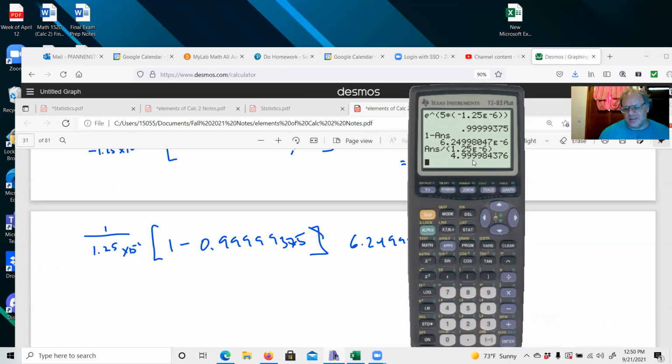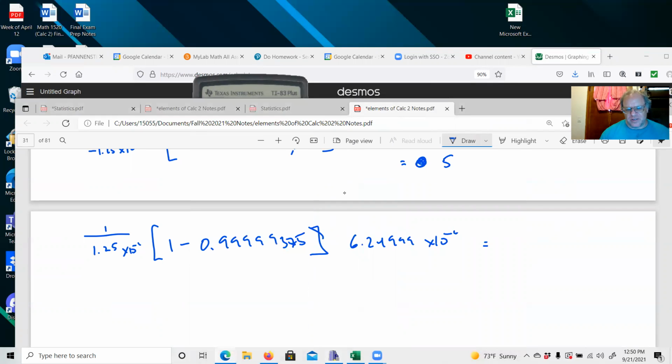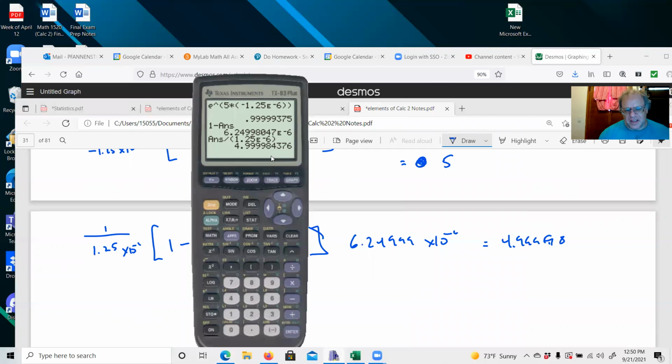And what do you know? It's nearly 5. It's 5 out to about 6 decimal places. So our answer is 4.99998 and then some other stuff.